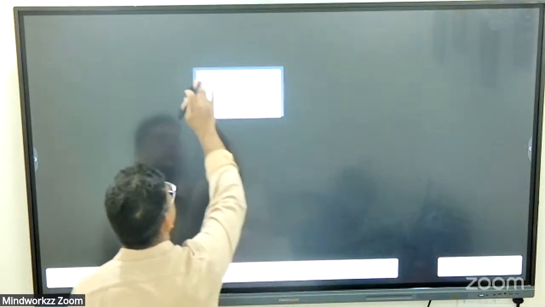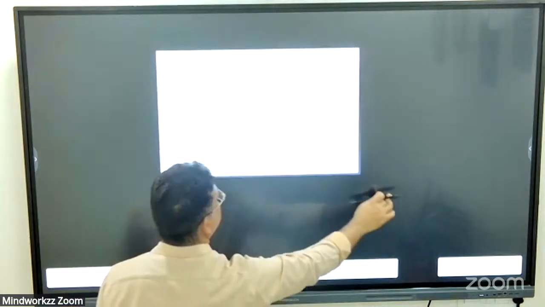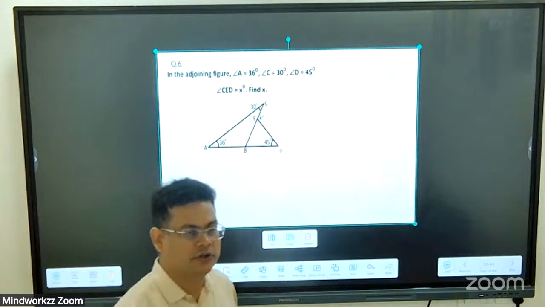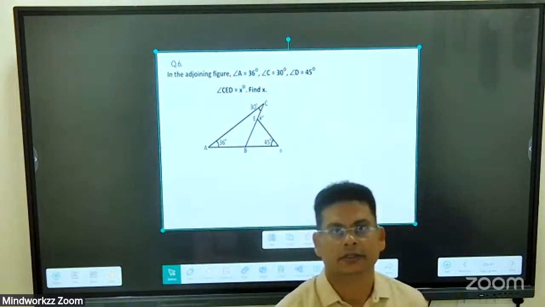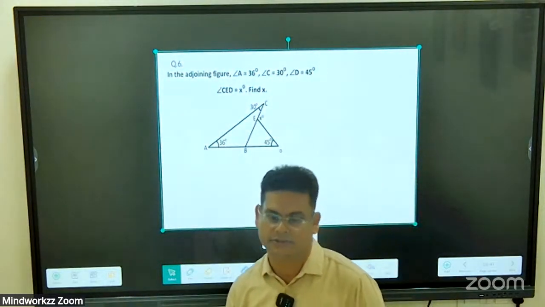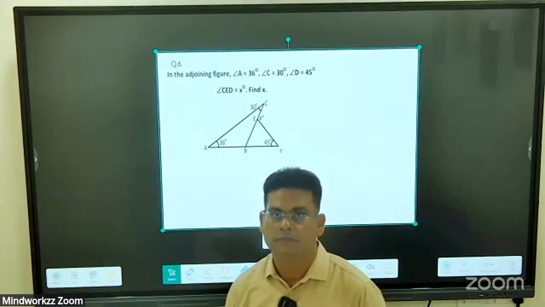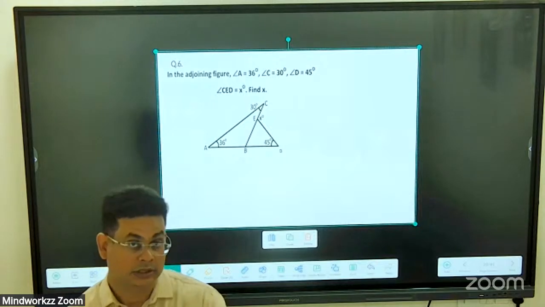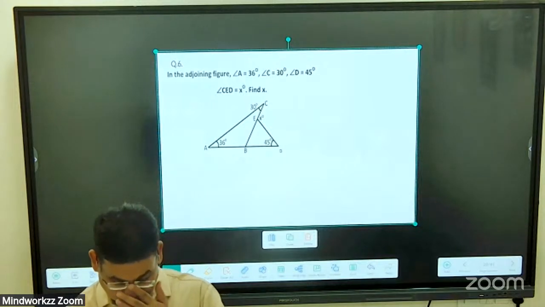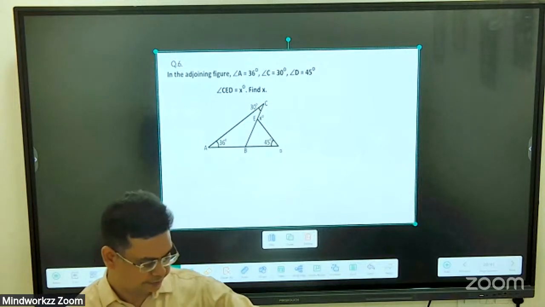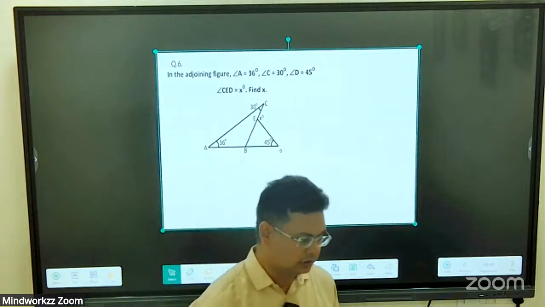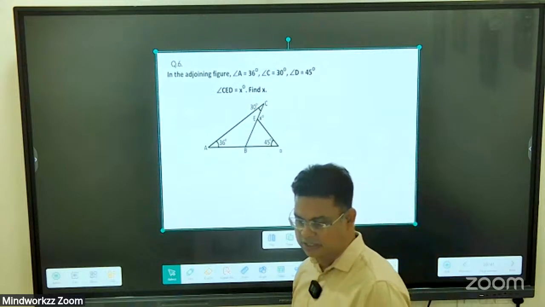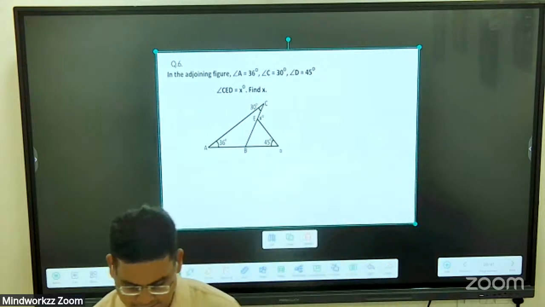Again, an easy question, but you'll have to apply the two properties which I have told you. If you can apply, you will get the right answer. I'll give you 1 minute to solve this, and then I will help you with the answer in case you are not able to solve.